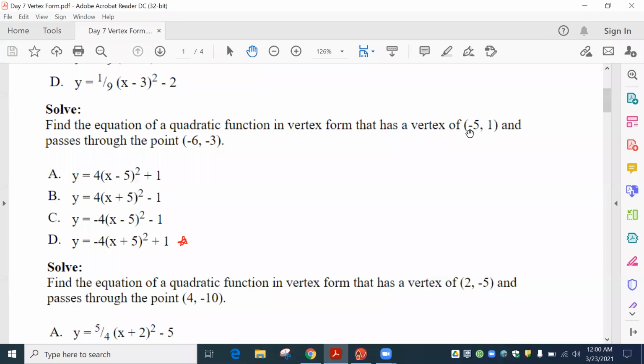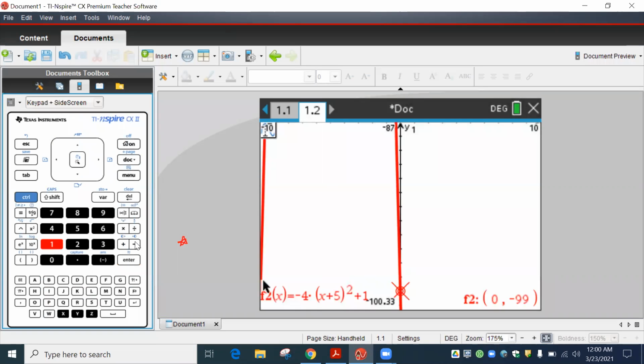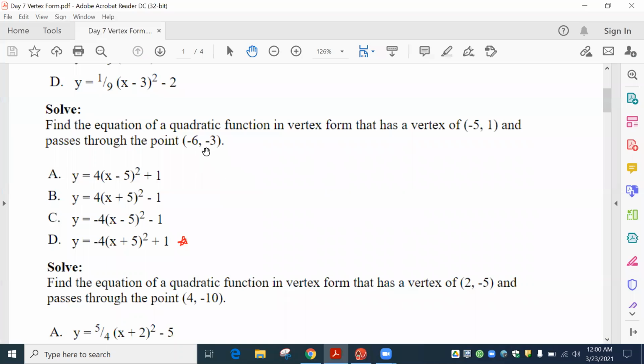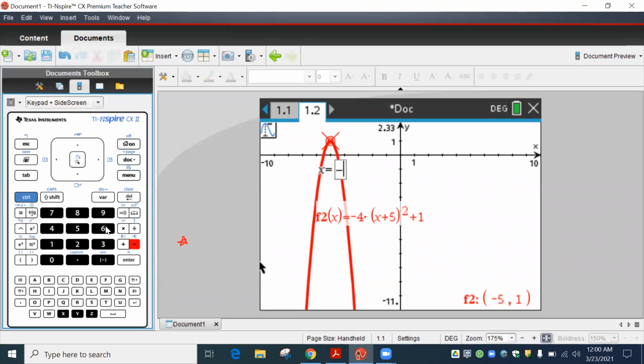And we're going to type in -5 and see if we get, not only do we get -5, 1, which we do, but is it the vertex? And yes, it is. Okay, so that's good. And then -6, -3 again, actually, which is kind of odd. So -6, -3, and yep, that works. So the answer was D.